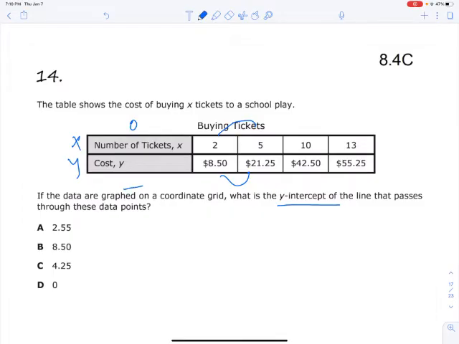So the first thing that we need to do is figure out what our slope is so I can figure out how to count backwards by 1. Because remember, slope is a unit rate, how much for 1. So we find our pattern on our y side, which is going to be 2125 minus 850. And if we subtract that, we end up with 5 here. And if we borrow right here, we get 7.